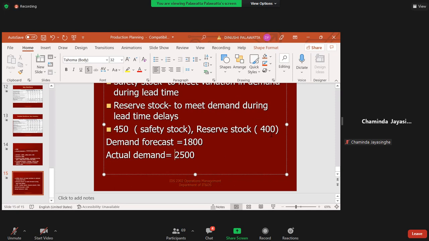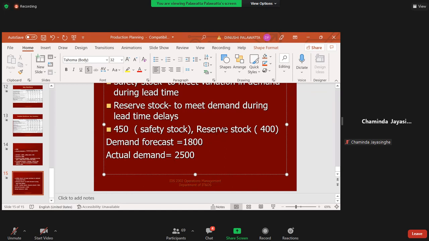So then reserve stock is fully used, and then the balance 300 we have to use from safety stock. Then the safety stock will come down to 150. So like that, the practical usage. But a lot of companies don't use a reserve stock. But it's better to keep a reserve stock also.